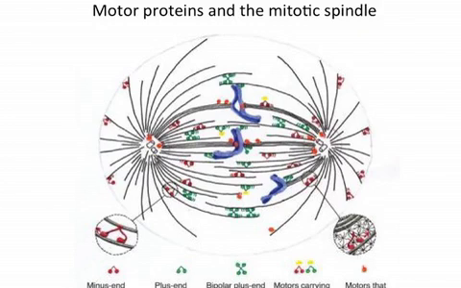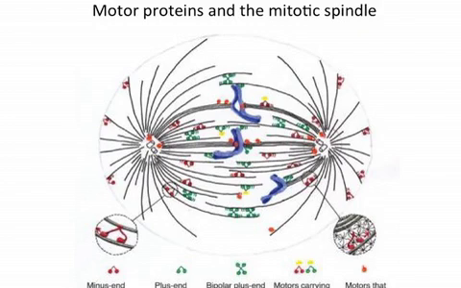Okay, so lots of motor proteins, and it's all about positioning the mitotic spindle, right? Don't forget, you've got your centrosome duplication, and if they just hang out there, not oriented together in any way, then they're not going to be lined up in the proper position to separate those chromosomes.